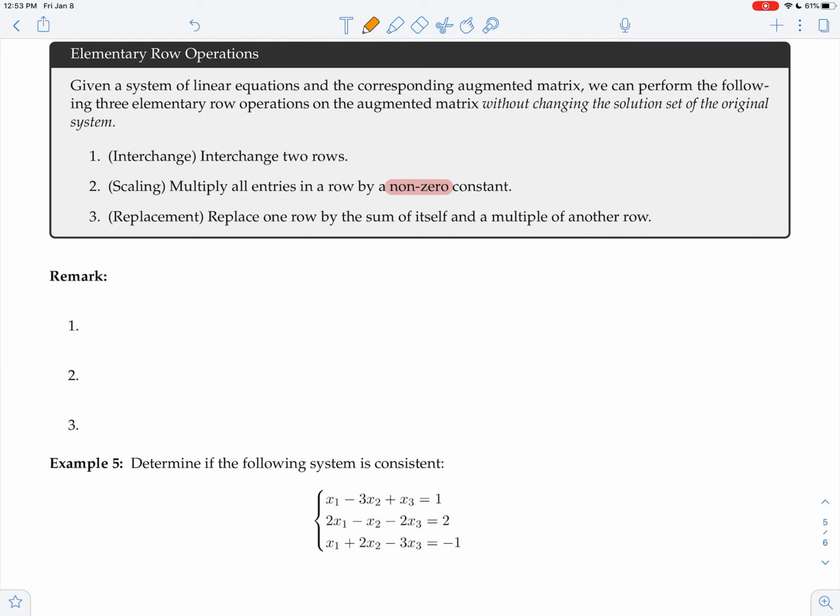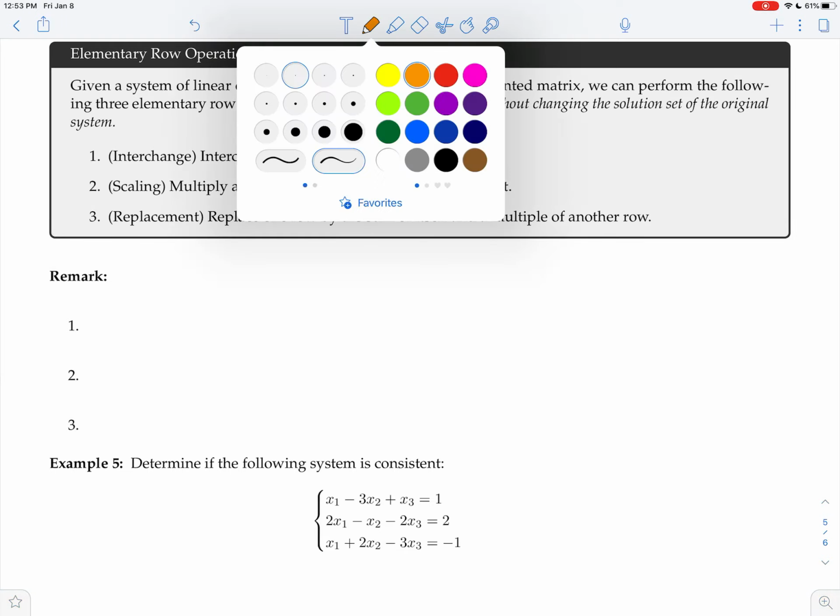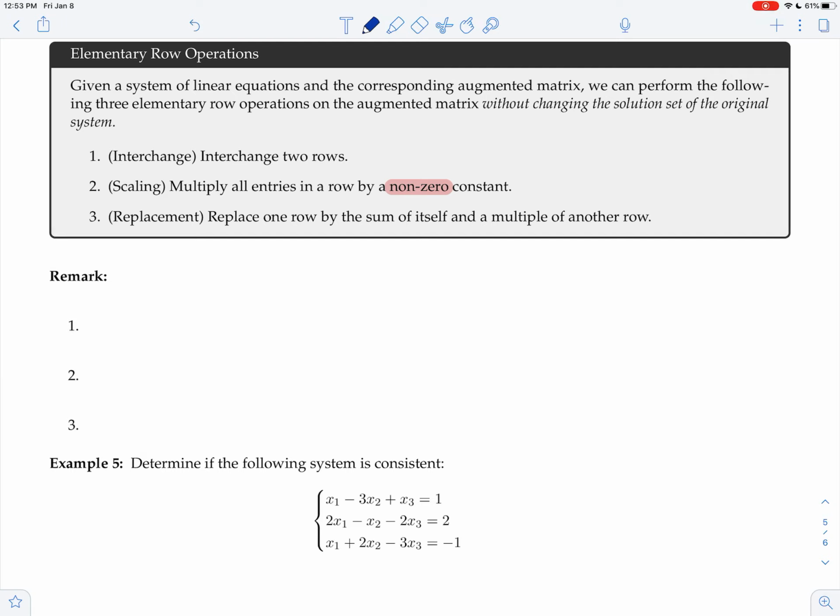Okay, a couple of remarks that I want to write down together. So first off, these elementary row ops can be applied to any matrix, not just augmented matrices. Okay?